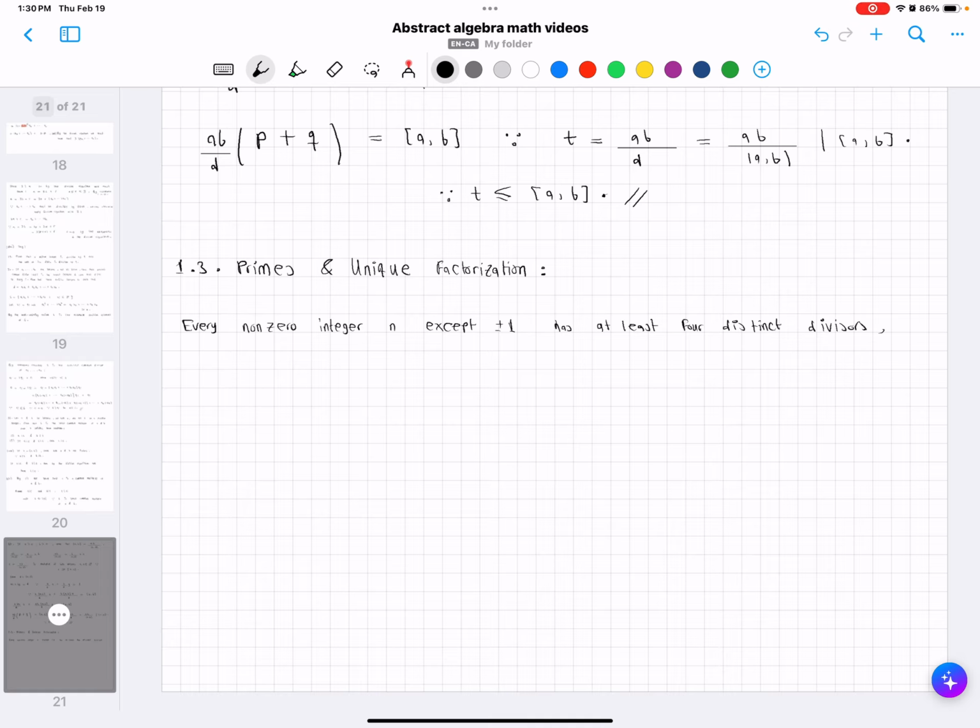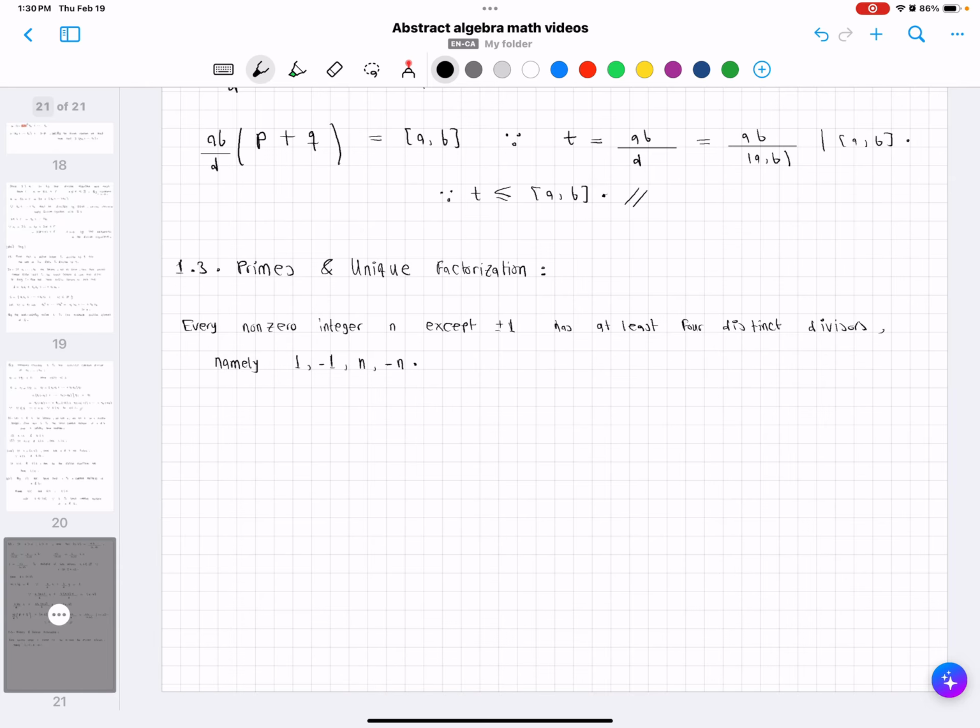And those are 1, negative 1, n, and negative n. So if an integer has only those as divisors, then we call the integer prime.